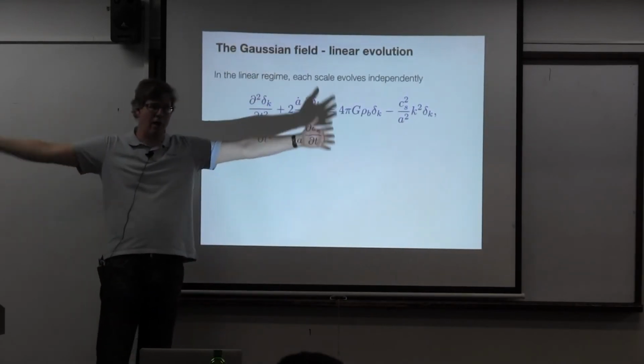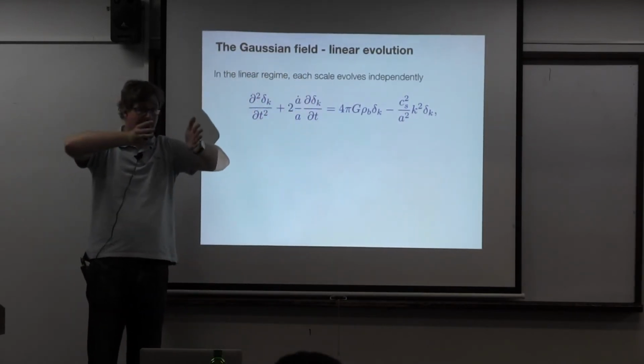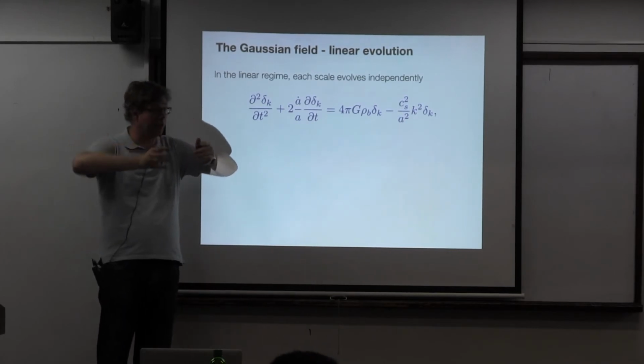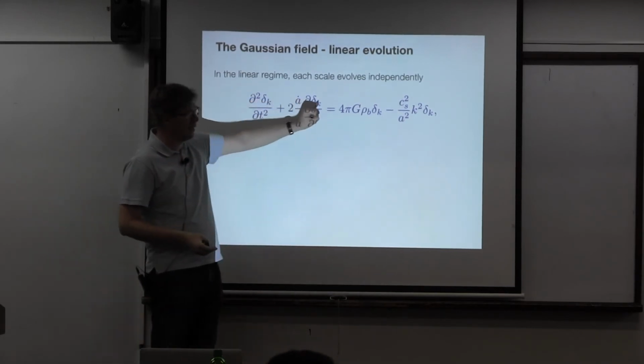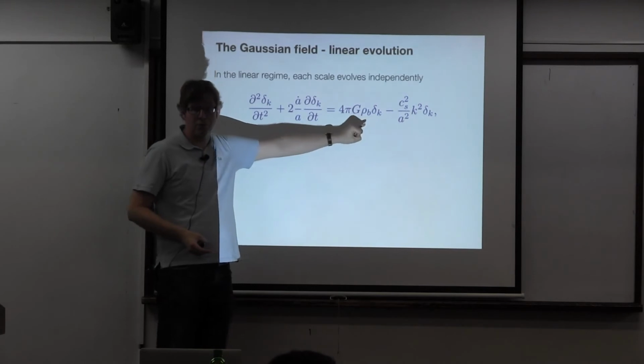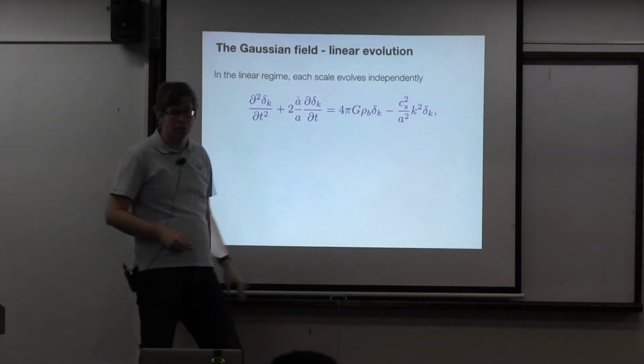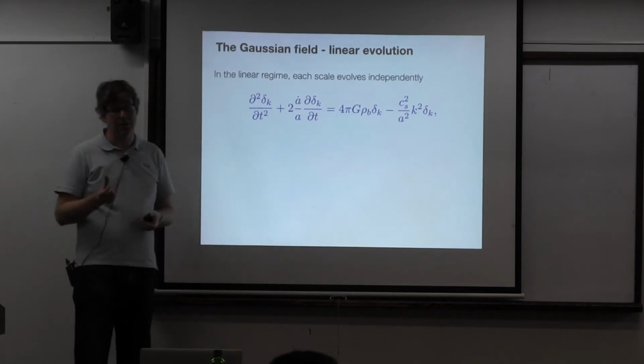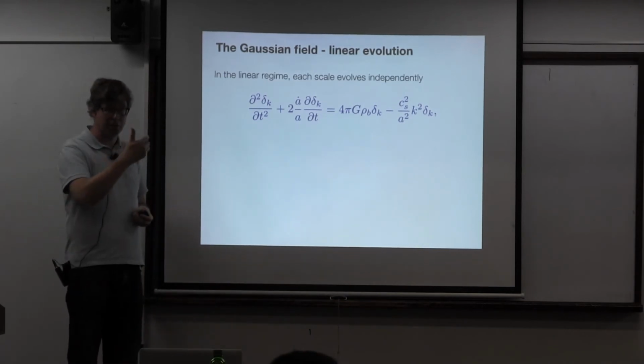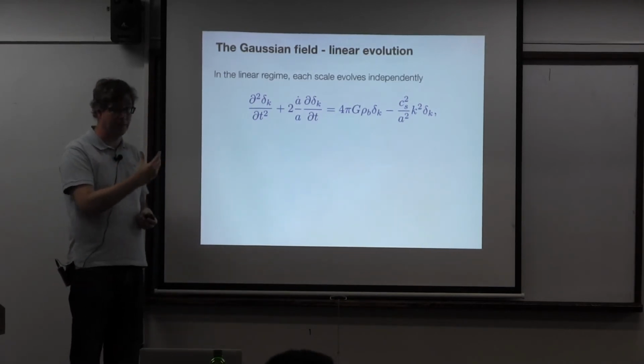So things on large scales evolve independently of things on small scales. There are no k minus 1 terms, no cross terms. Things on different scales don't talk to each other. So in linear theory, scales of different sizes evolve completely independently.